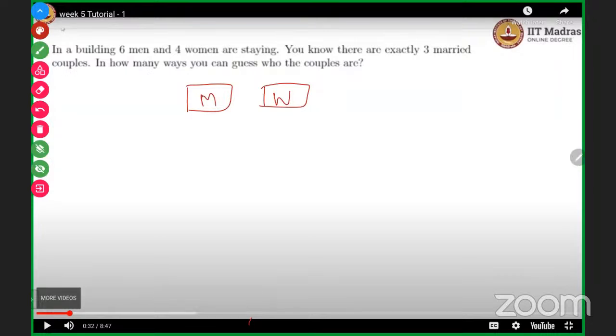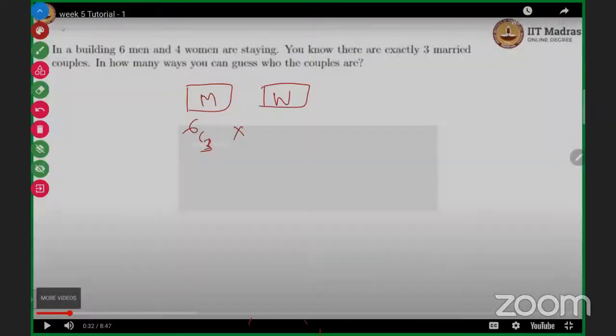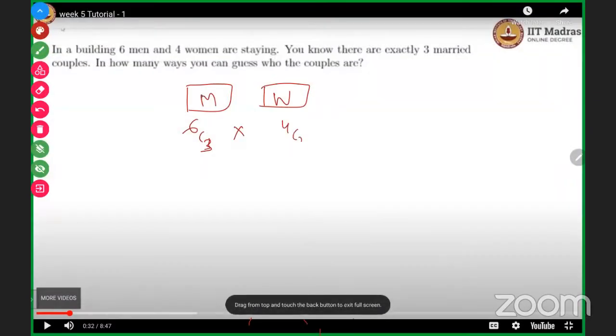Out of six, we can choose any three to be a couple. So to be a man. Okay, so out of six, and then let's say if I multiply, sorry, four out of this, that will be 4 multiplied by 3 multiplied by 2. 4C3, and all the humans are there, and I have to multiply it, right?